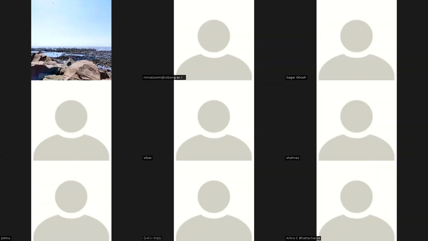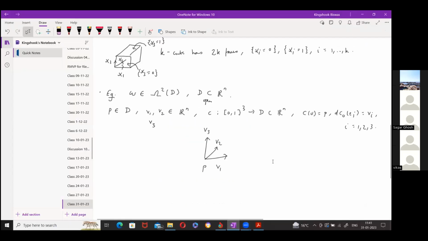Okay, so let's start. What are we doing? We're taking C, which is a 3 cube here, and we're looking at the small 3 cube C epsilon.